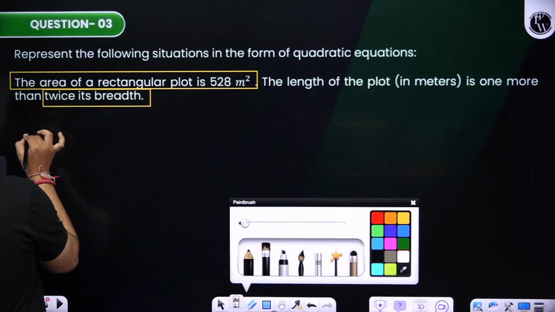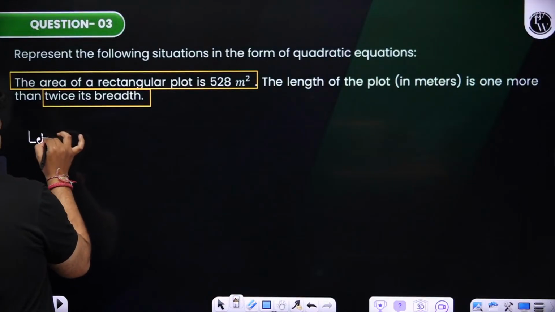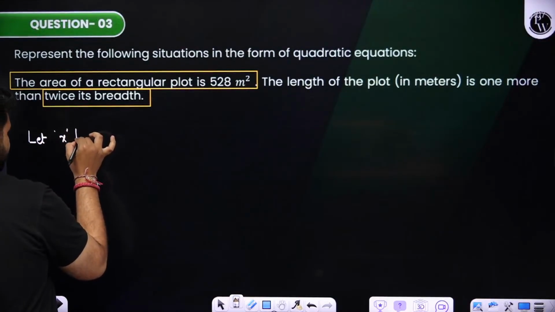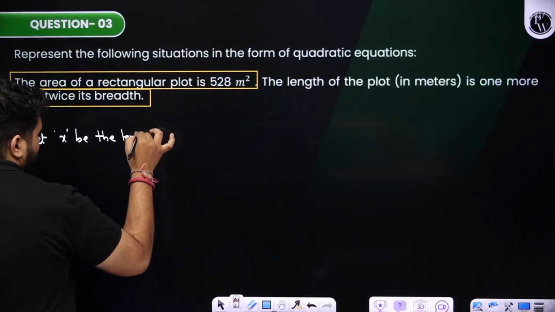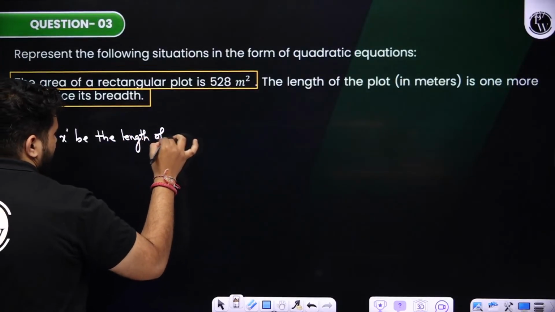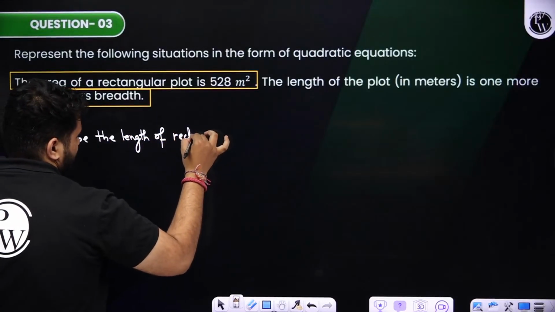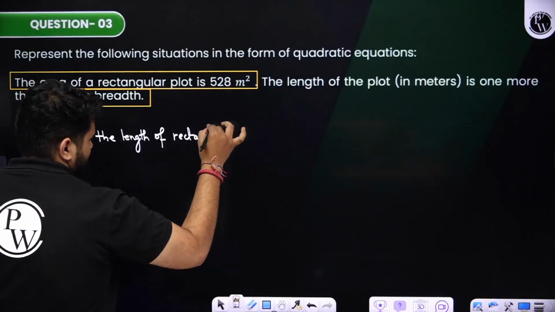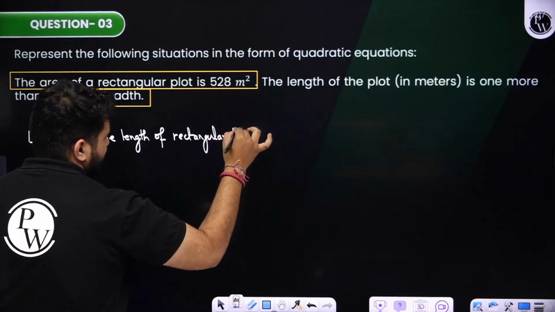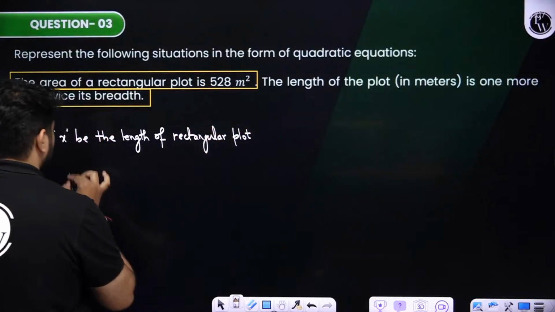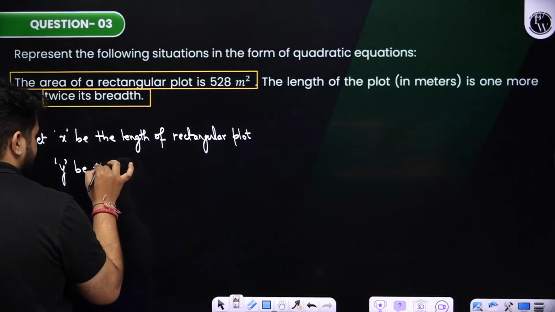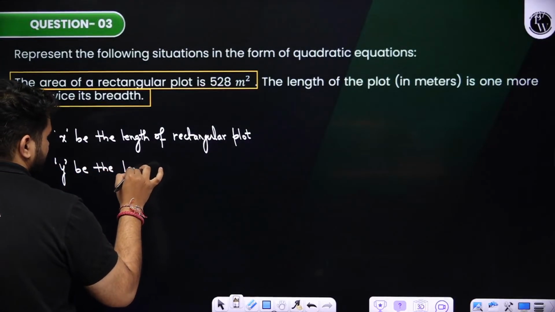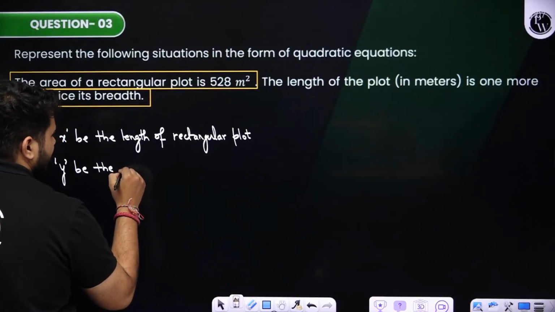Fine, we will take, let x be the length of rectangular plot, and let y be the breadth.